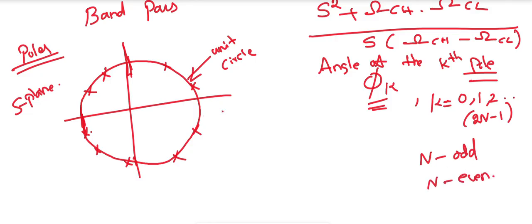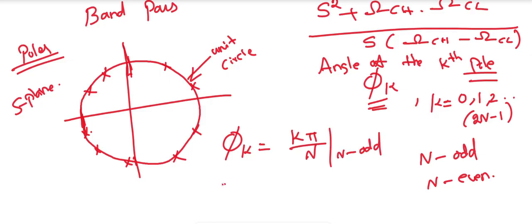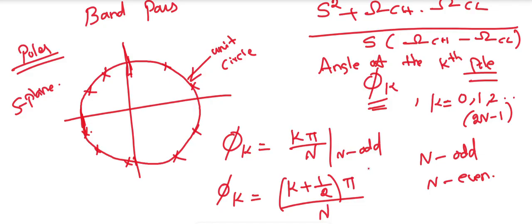If n is odd, the angle of the kth pole phi k is equal to k pi by n. Similarly, if n is even, then the angle of the kth pole will be (k plus 1 by 2) times pi divided by n, where n is even.